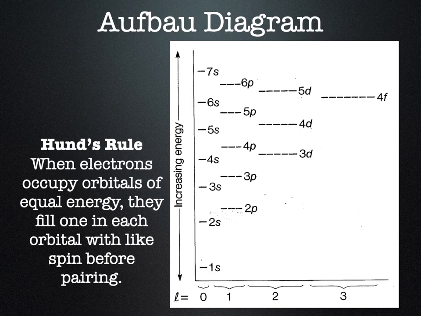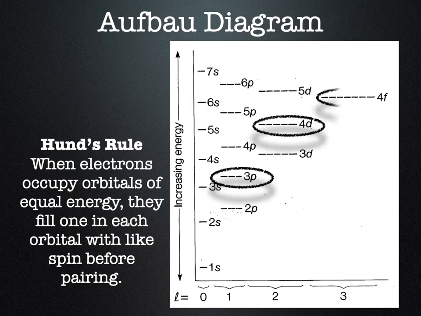Remember, the sublevels are the letters s, p, d, and f. Anywhere there is more than one orbital in a sublevel is where you have orbitals of equal energy. For instance, 3p or 4d or 4f. When you are filling those, you fill them all one at a time before you can go back and put a second electron in each orbital.